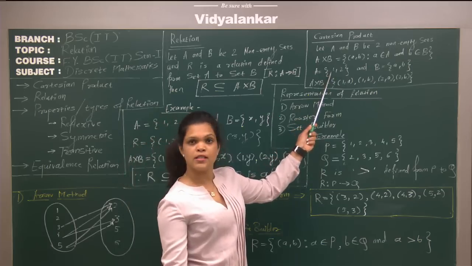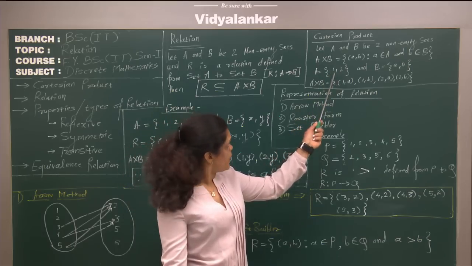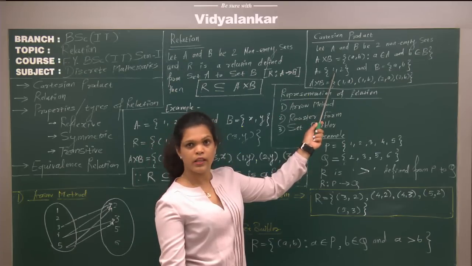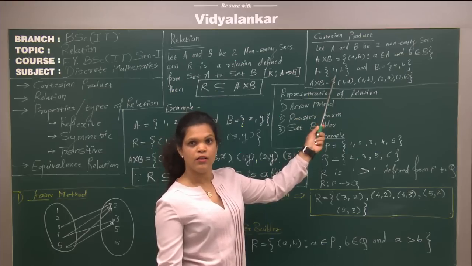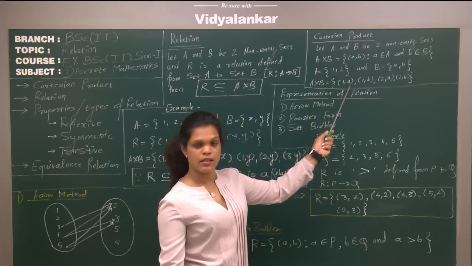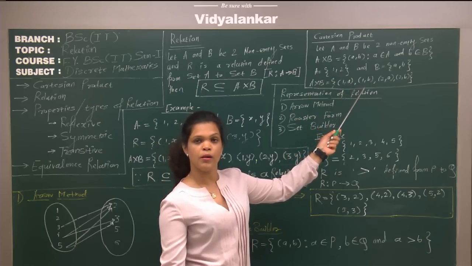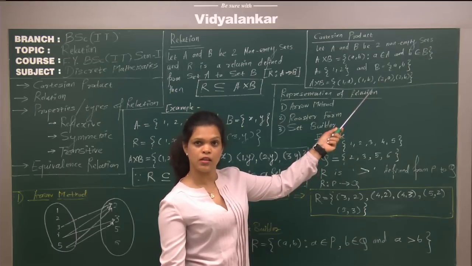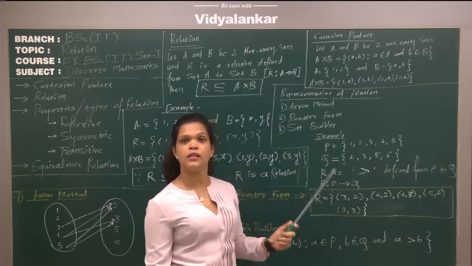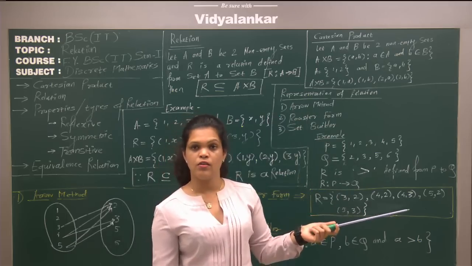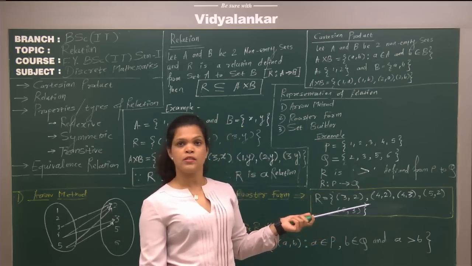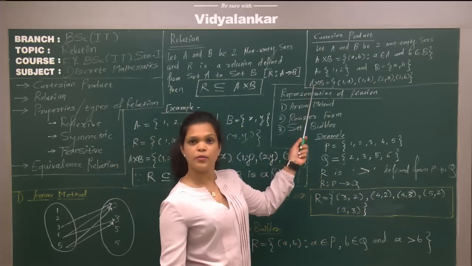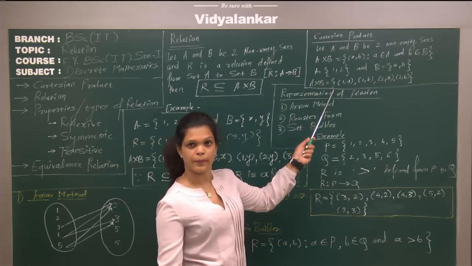We have two elements in set A, so consider the first element of set A, that is 1. So (1, a) is the first ordered pair, (1, b) is the second, (2, a) is the third, and (2, b) is the fourth ordered pair. So we have 4 pairs in A cross B, right? This is the Cartesian product of sets A and B.